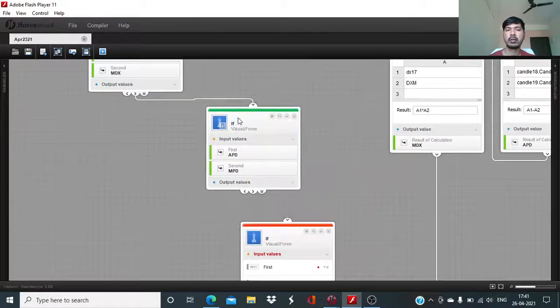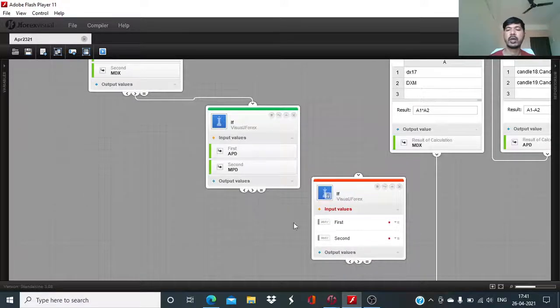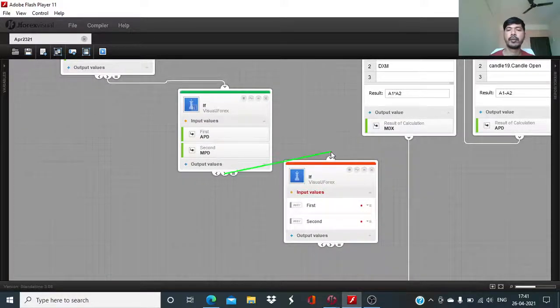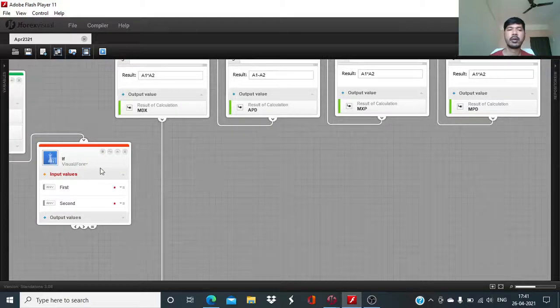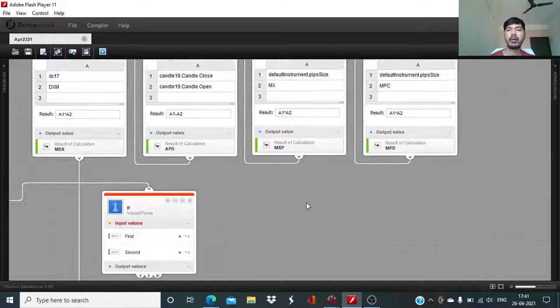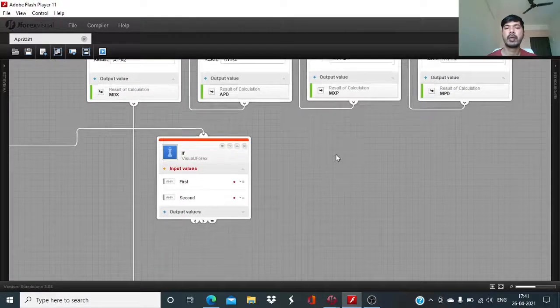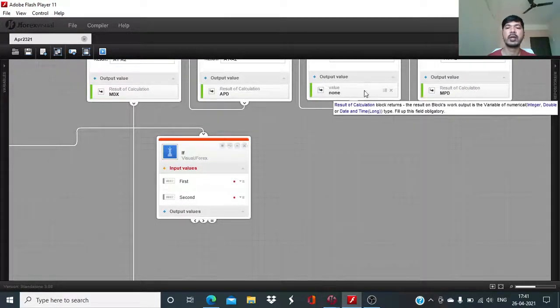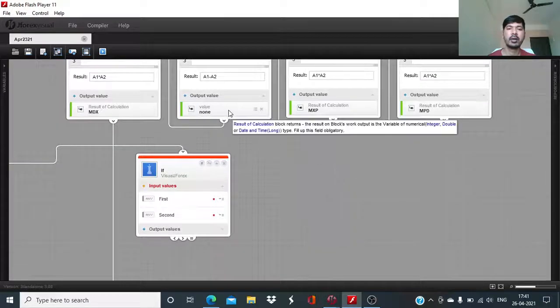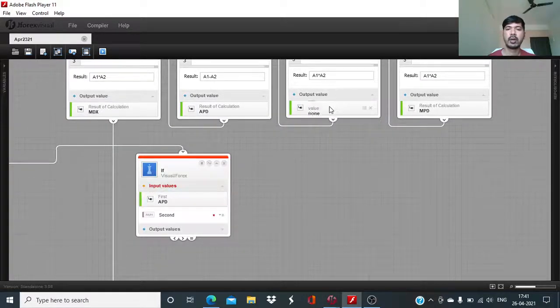In this case, first input again greater than second input, and then we also have to make sure that it is within the reasonable price band. So this should be less than MXP. Now first input less than second input.